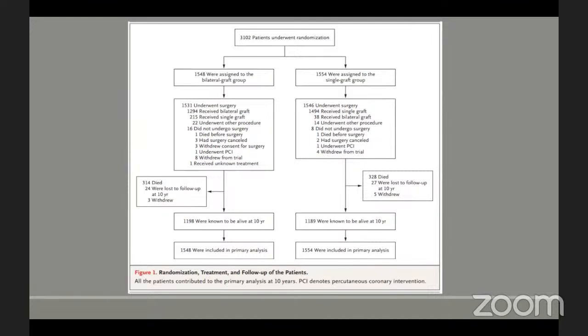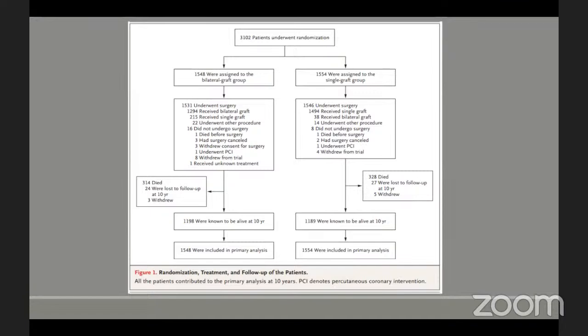Of those, 328 died, 27 were lost to follow-up at 10 years, 5 withdrew. Lastly, 1,189 were known to be alive at 10 years. 1,554 were included in primary analysis.